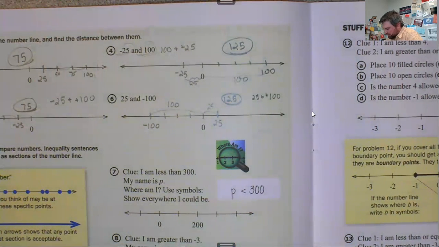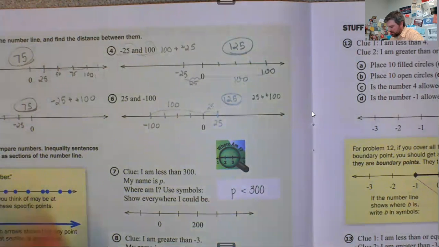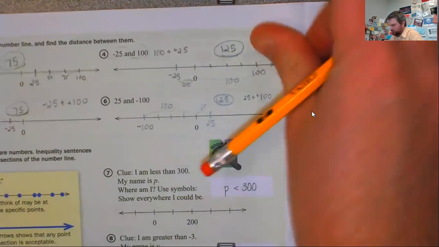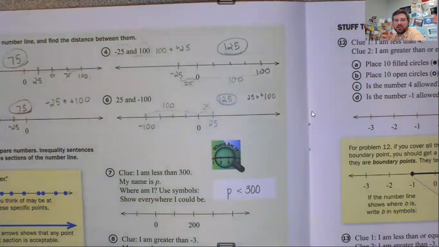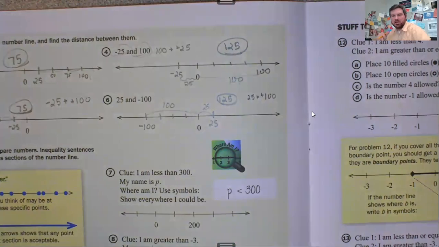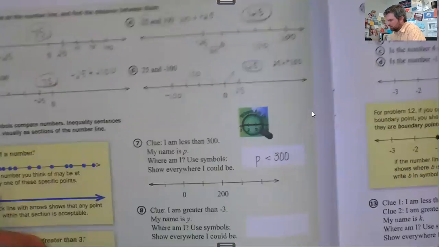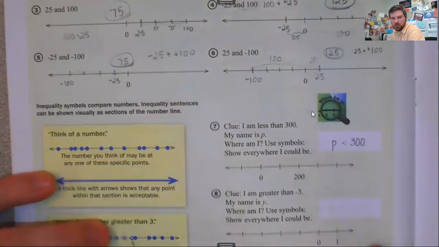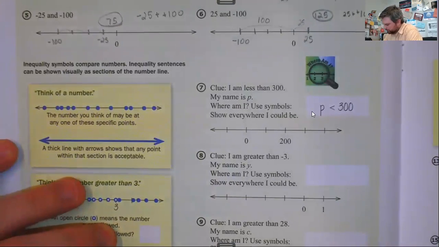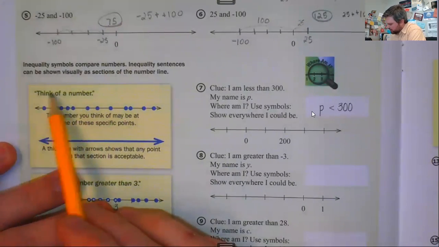Inequality symbols compare numbers. Inequality sentences can be shown visually as sections on a number line. Okay, like I said, an inequality is a range of values on a number line. So here we're going to look at some. Okay, think of a number.